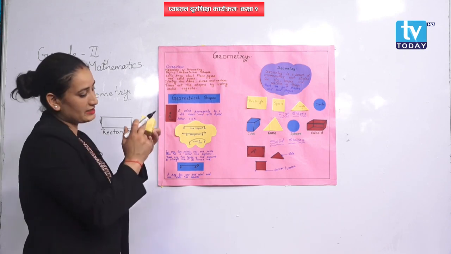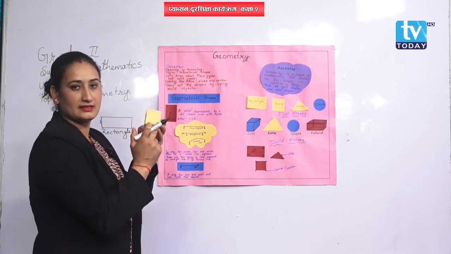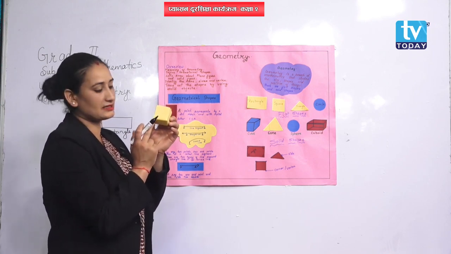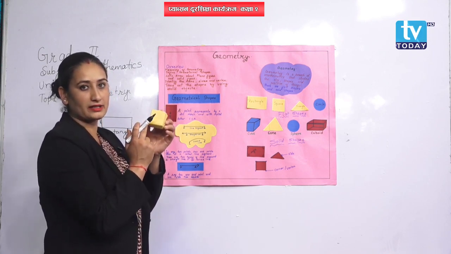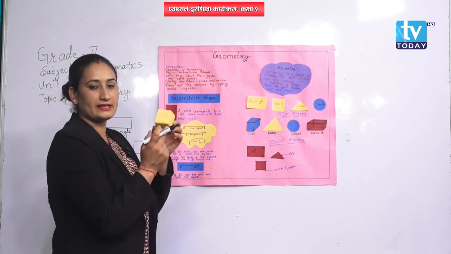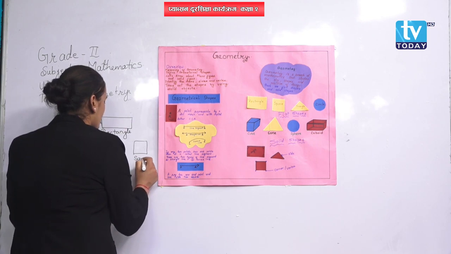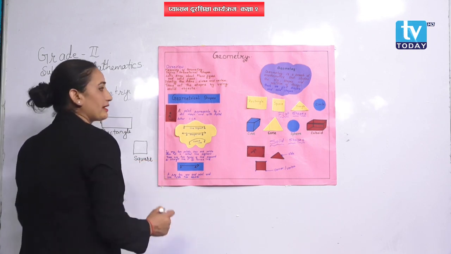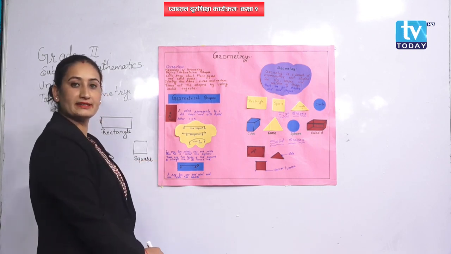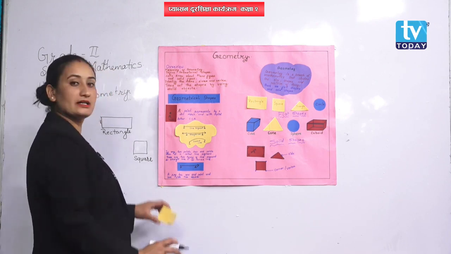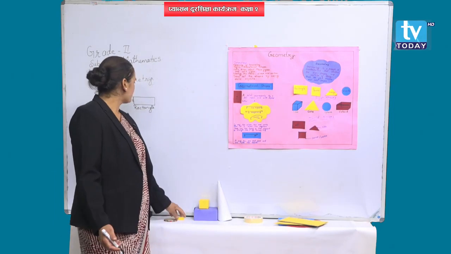I am using these sides. This is called a square. What do we call it? It's called a square. Please write down the name over here. It's a square. Can we write it? Yes? Okay.